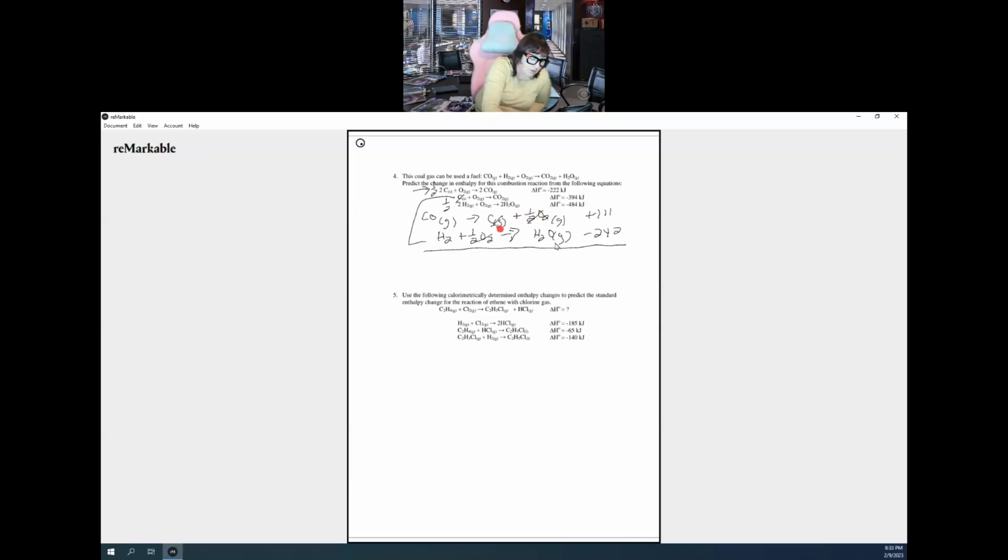That leaves me with an O2 that I want, which is O2 gas, plus CO gas plus H2 gas. So the C solid I got rid of.